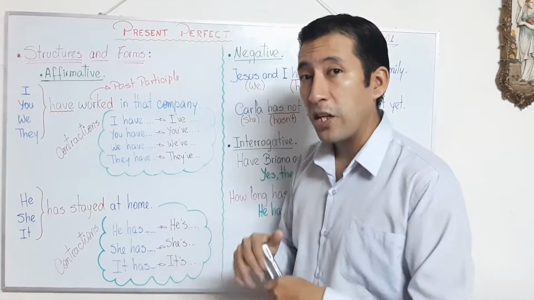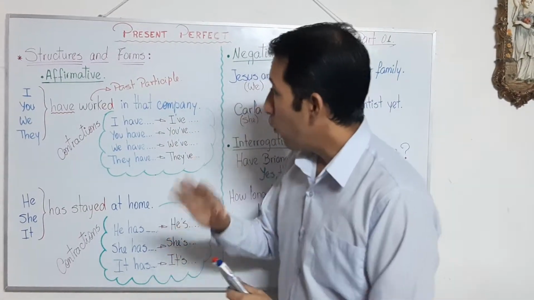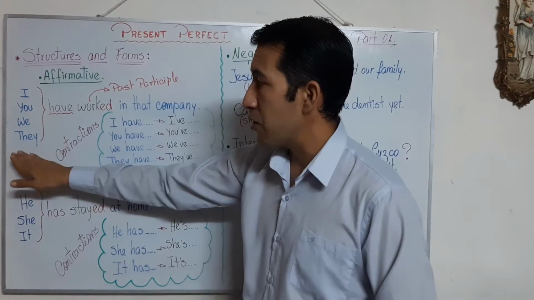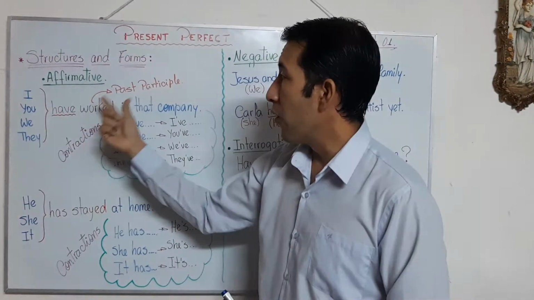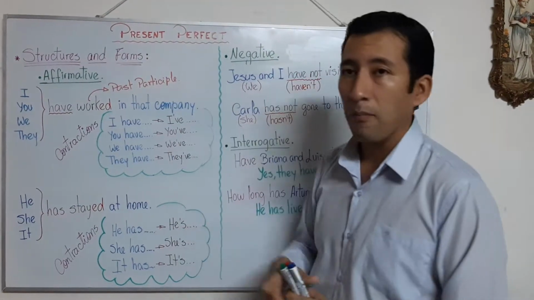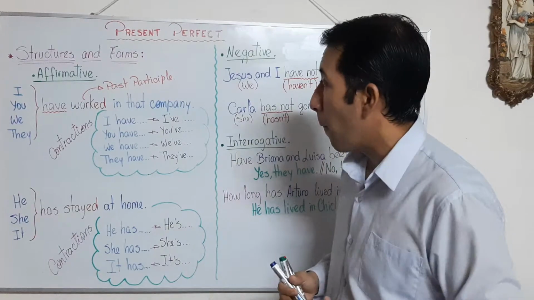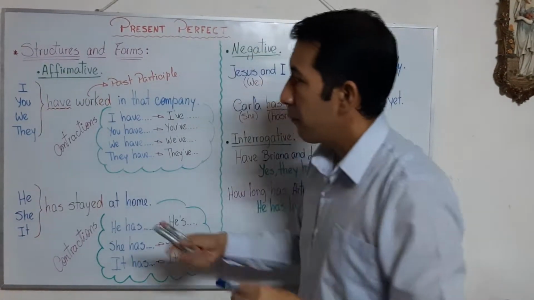That's for another video. I'm just concentrating on the structure. So remember, I use the subject, the auxiliary verb have, the verb in past participle, and a complement, in that company.